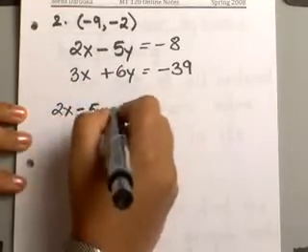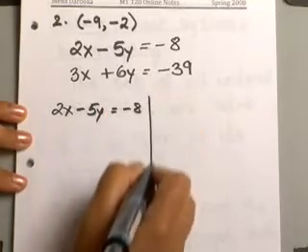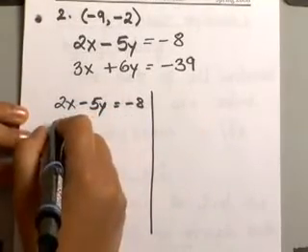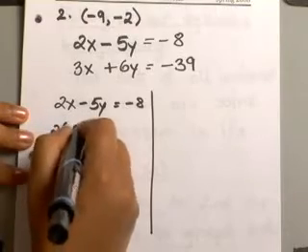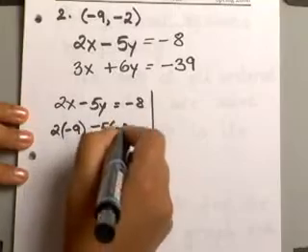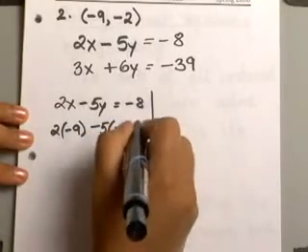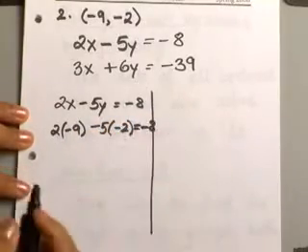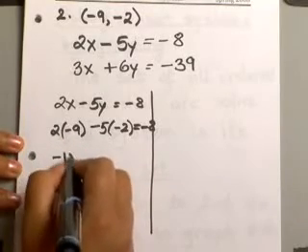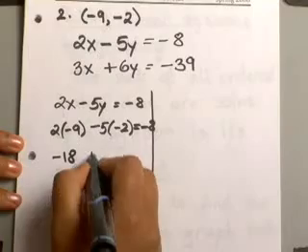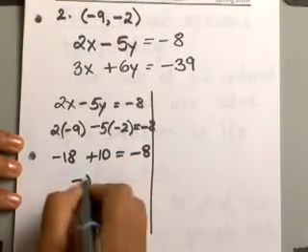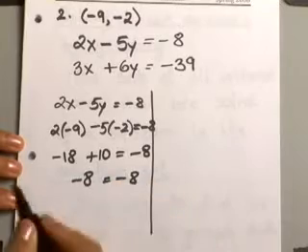Let's see if (-9, -2) satisfies our first equation. So we have 2 times -9 minus 5 times -2, and that equals -8, which will give me -18 + 10, and -18 + 10 gives you -8.